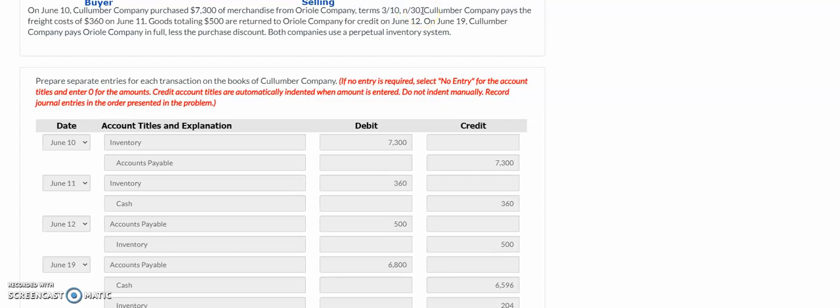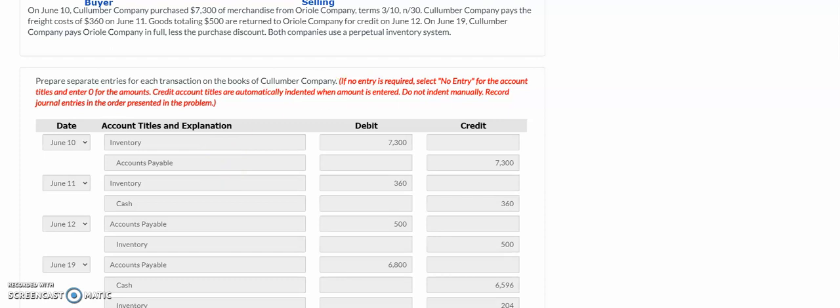The first thing that we need to do on June 10th is record that purchase of the merchandise. On Columber Company's books, we're going to record inventory as a debit because they're receiving inventory, and a credit to accounts payable.